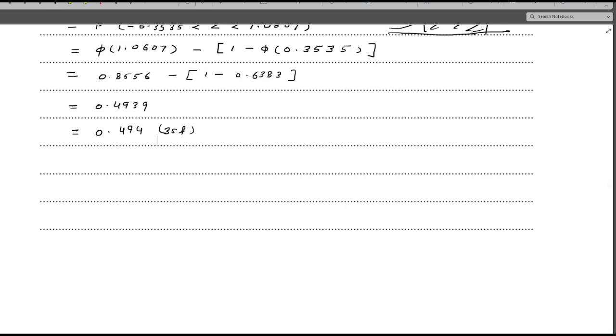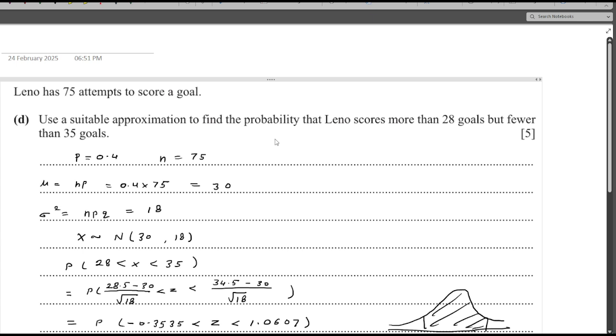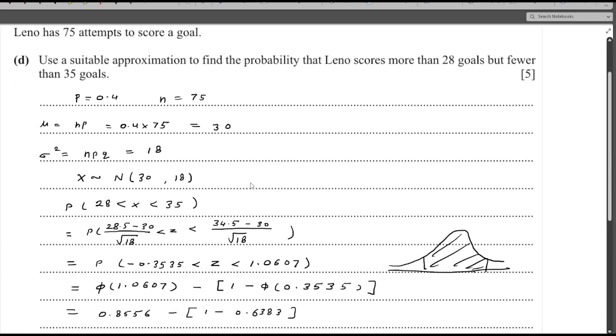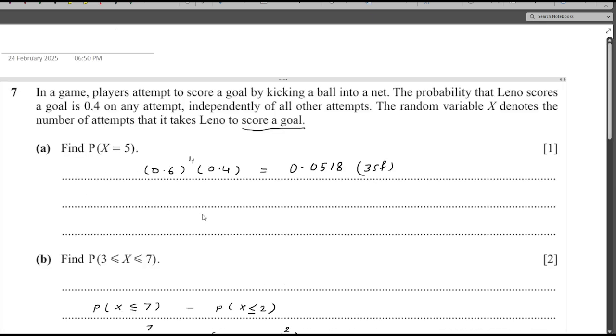Okay, so let us revise this question. Your D part was an approximating distribution, where your binomial distribution is approximated to normal. The condition to approximate your binomial distribution to normal is that your number of trials should be large and the possibility of success should be near 0.5.